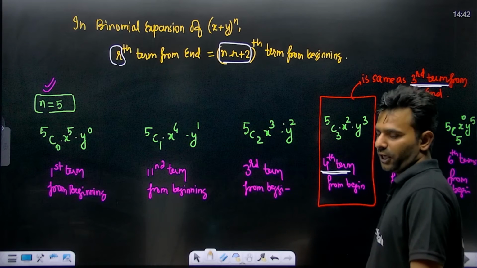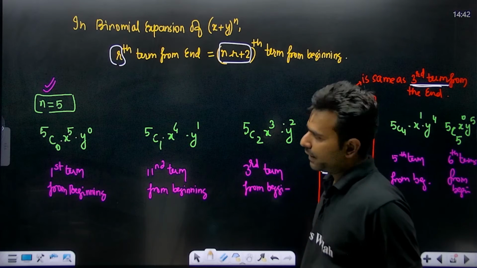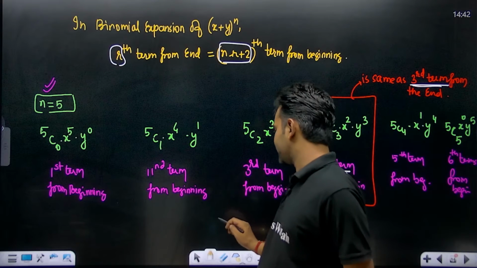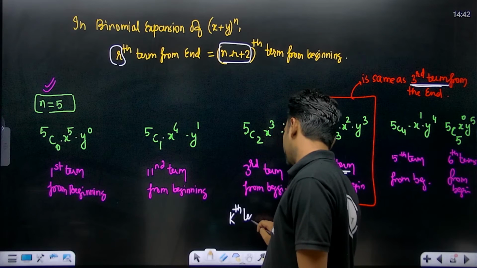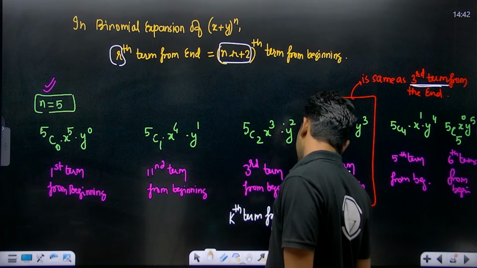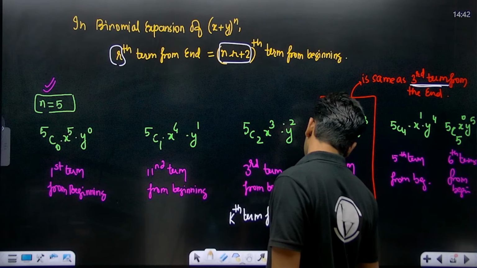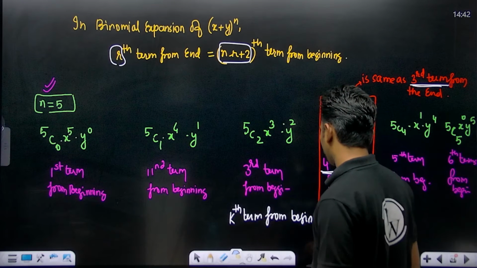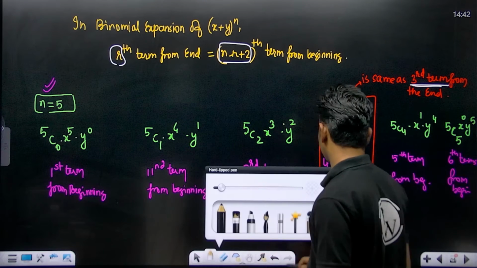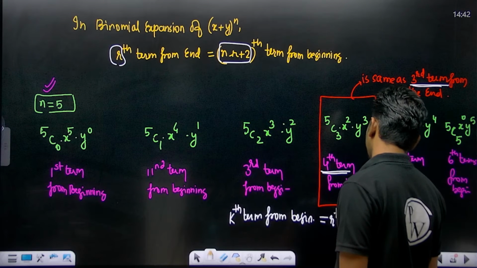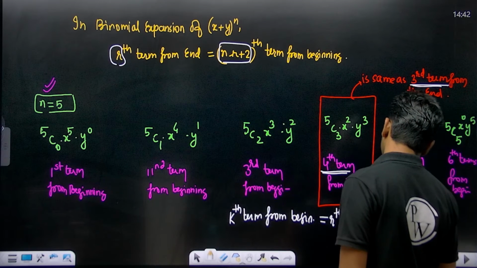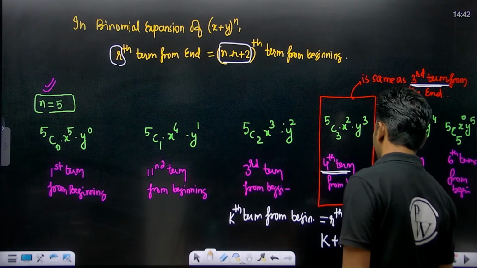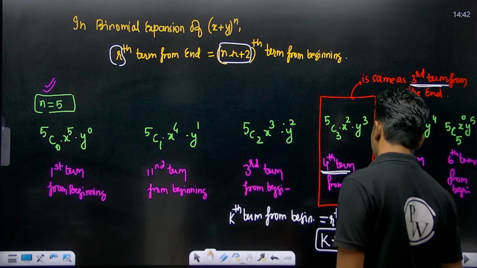So if I'm talking about kth term from beginning equal to rth term from the end, then the summation of k plus r will always be equal to n plus 2.